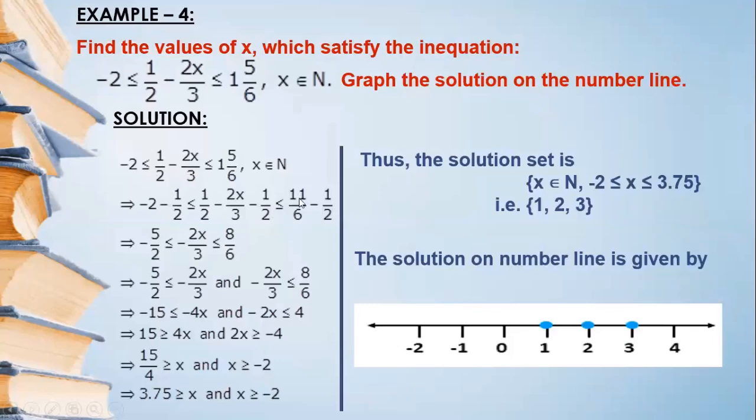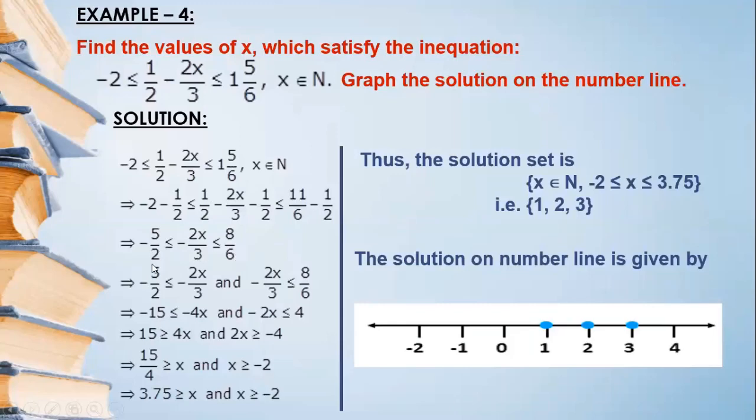11/6 - 1/2. From here, 6 ones are 6 plus 5, 11/6 minus 1/2, which will give three terms as -5/2 ≤ -2x/3, since the positive 1/2 and -1/2 will get cancelled, and what is left? -2x/3 ≤ 8/6.